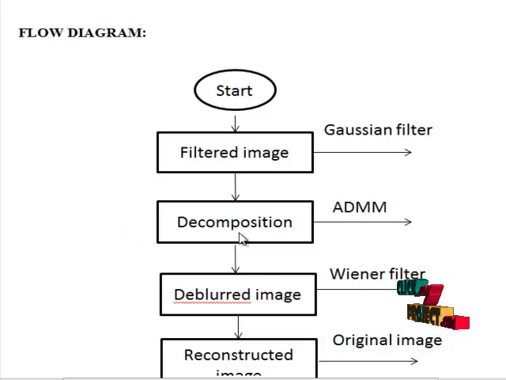Then decomposition. Here, after the filtering process, the image is decomposed. The image decomposition method mainly decomposes the image using an algorithm called alternating direction method of multipliers.